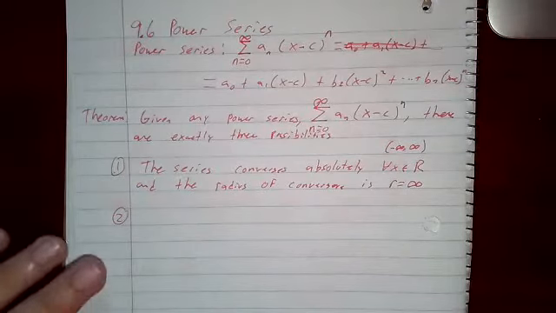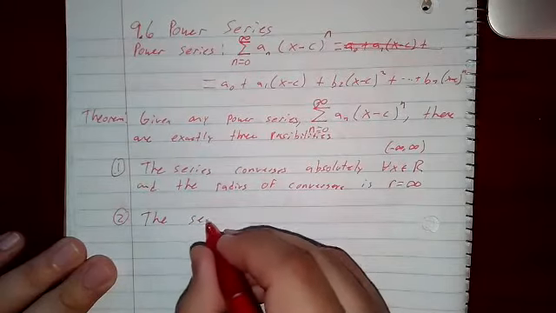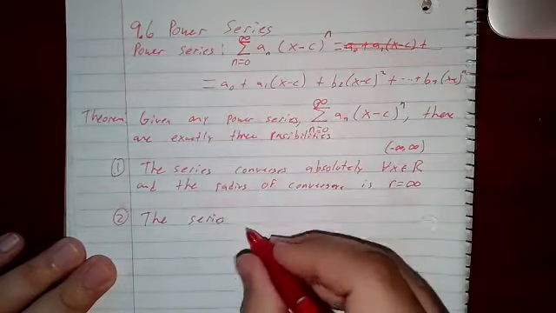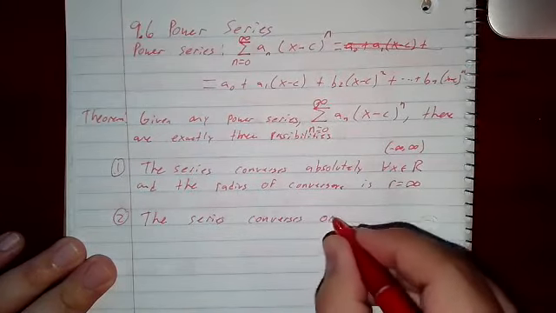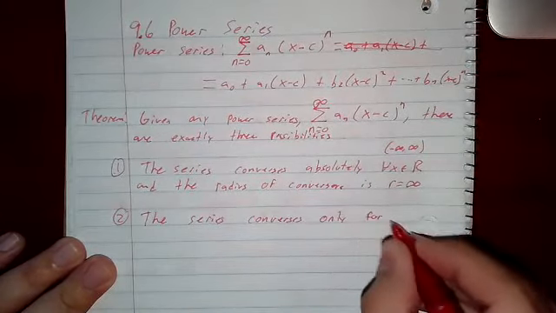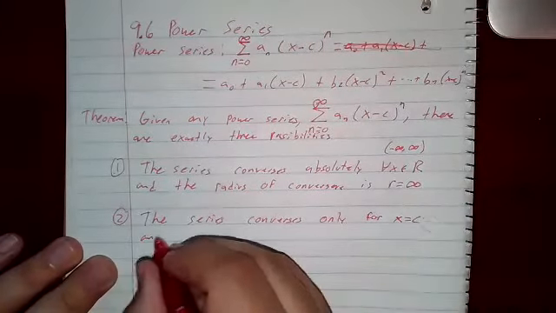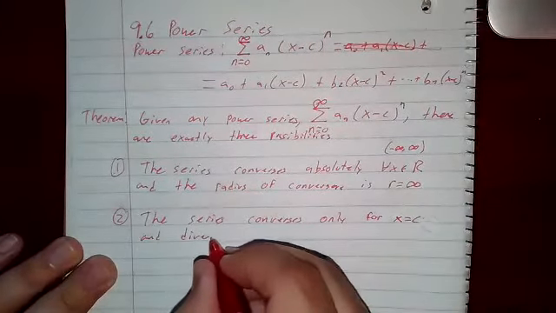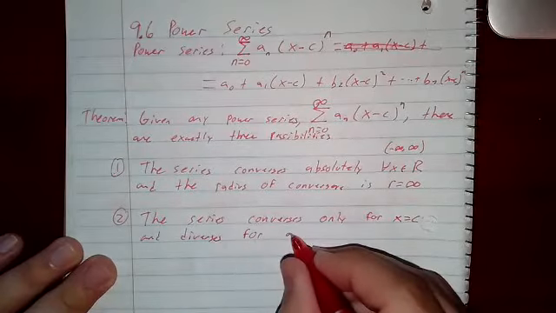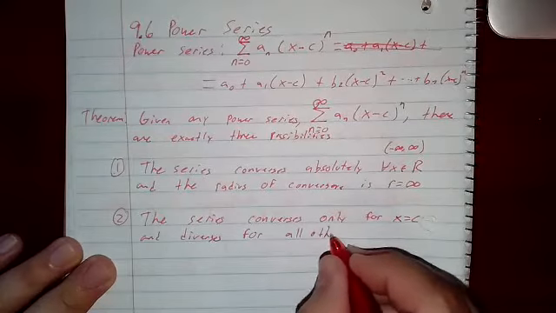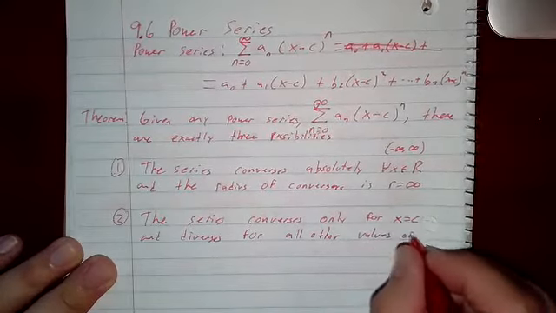Number 2 is the series converges only for x equal to c and diverges for all other values of x.